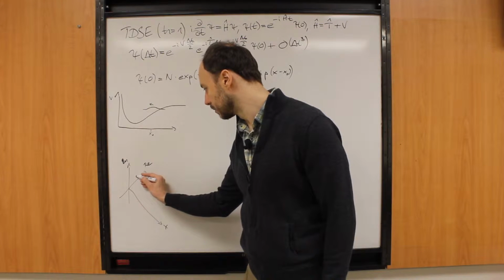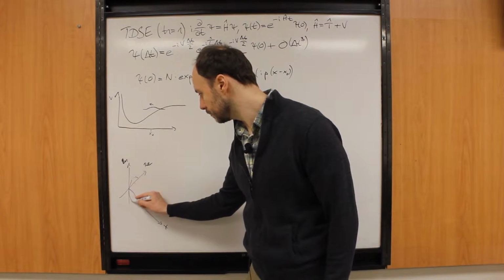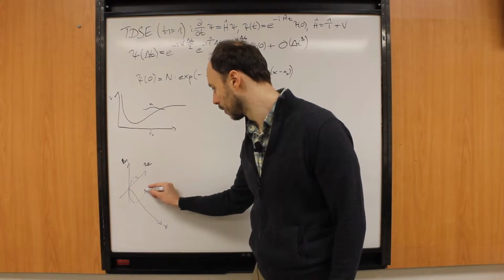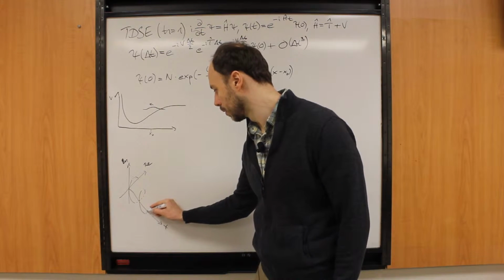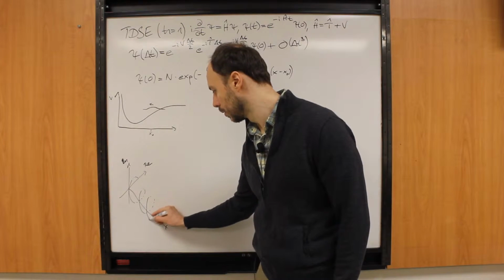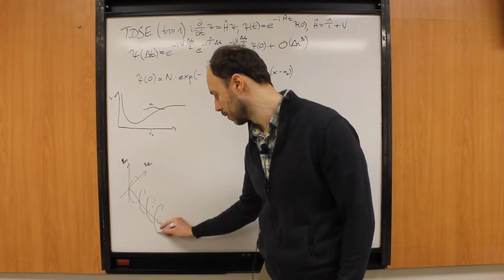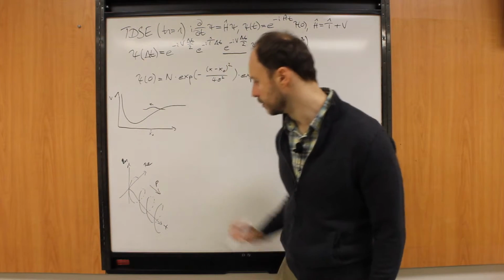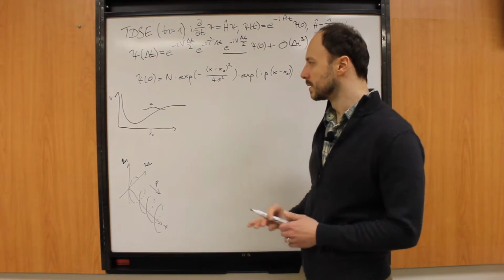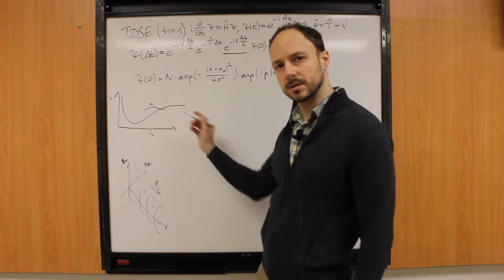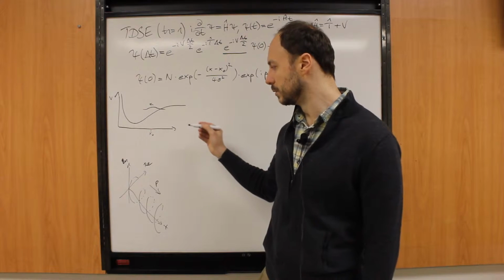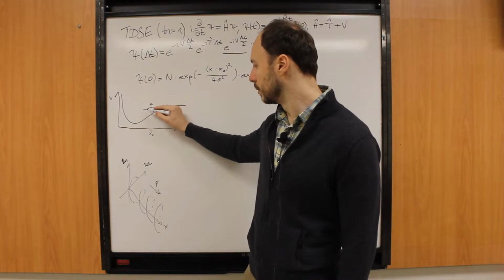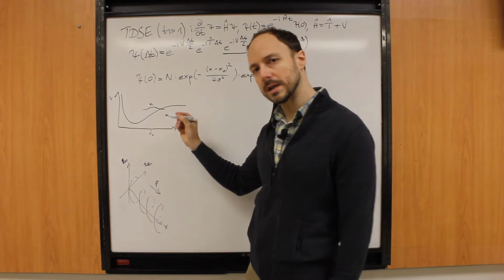So the wave function looks like this. And that corresponds to a momentum to the right. So let's say this initial wave function is moving to the left, so we need to rotate in the clockwise direction.